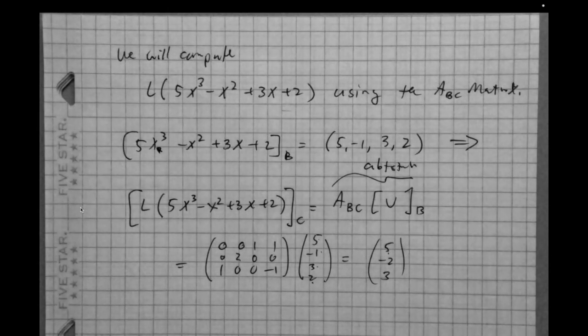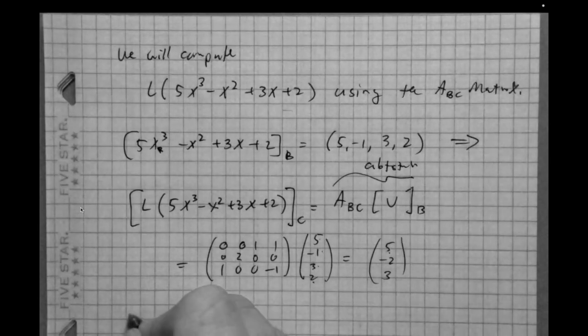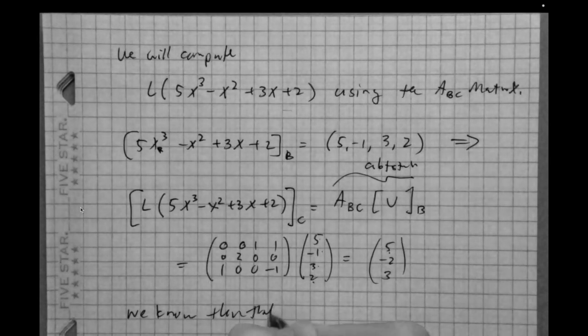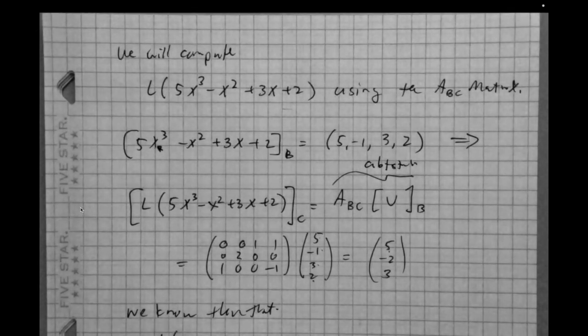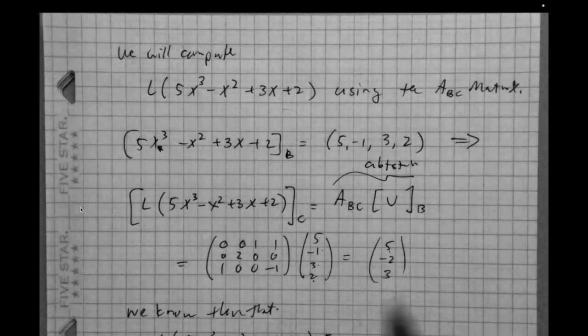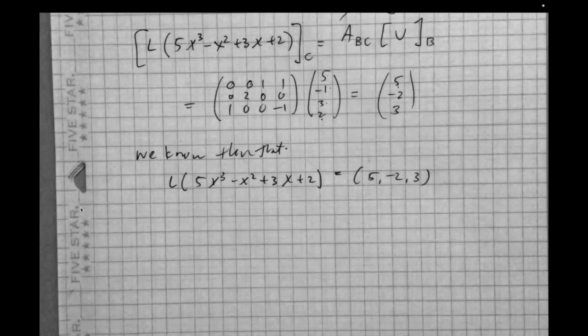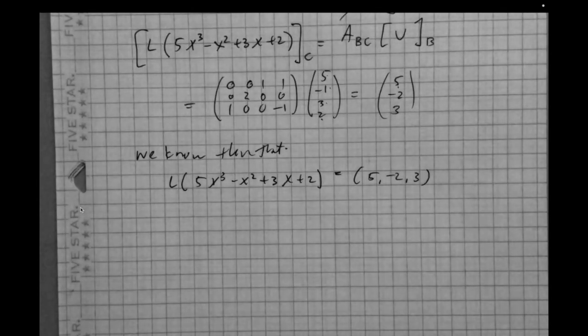All right, and since C is the standard basis for R3, we clearly know that L of this guy here, 5x cubed minus x squared plus 3x plus 2, is just equal to this, 5, -2, 3. So that linear transformation takes this third degree polynomial and converts it into this 3-tuple.